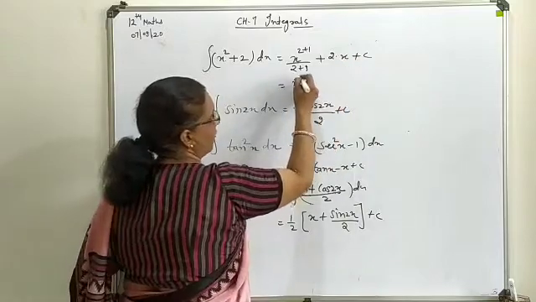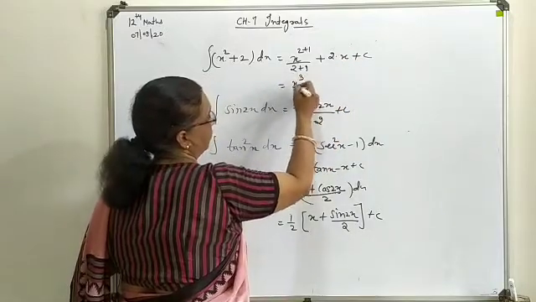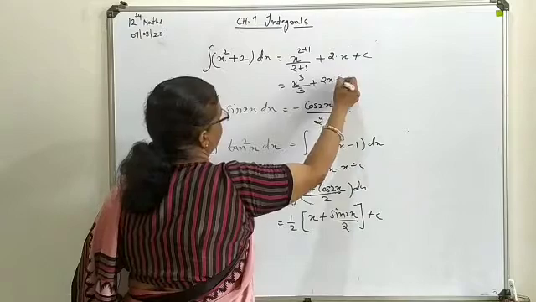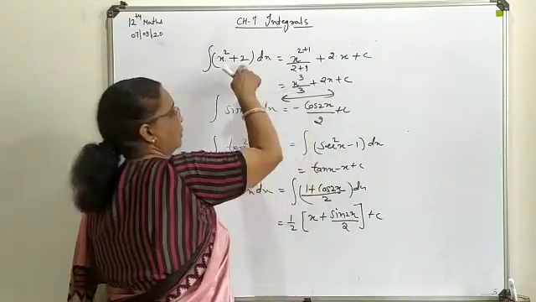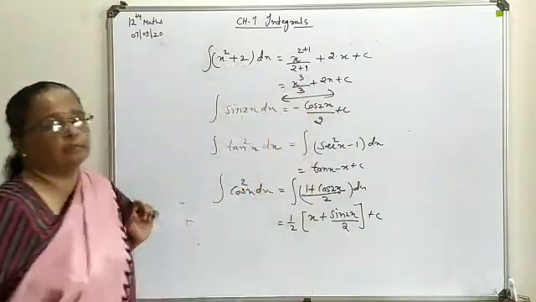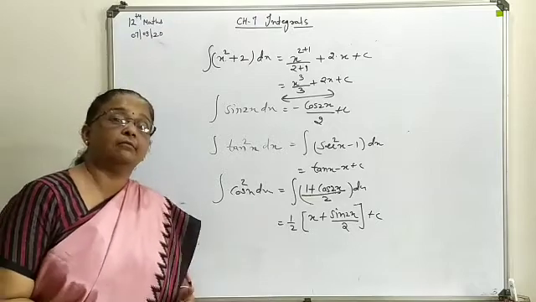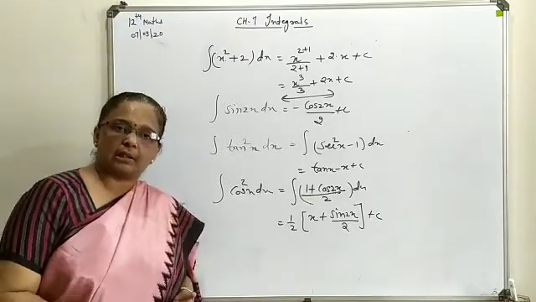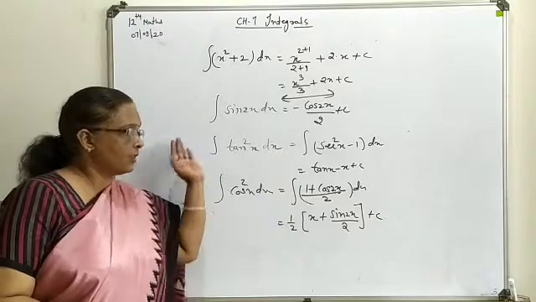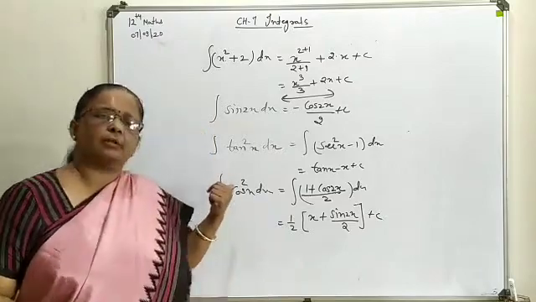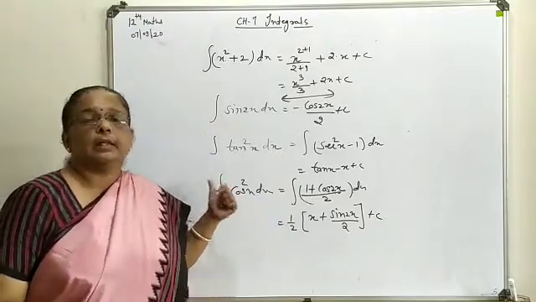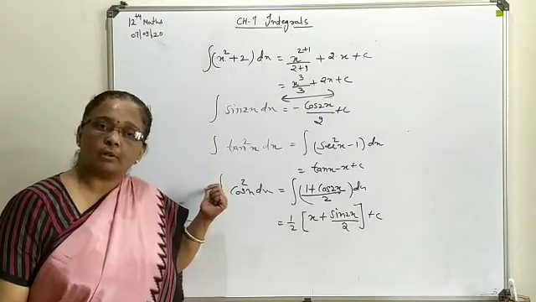So it will come out as x cube upon 3 plus 2x plus c. So if any constant is there, you take 1 as a multiple and then integrate that 1 as x. So various things you have to handle while writing the integration of a given function form.